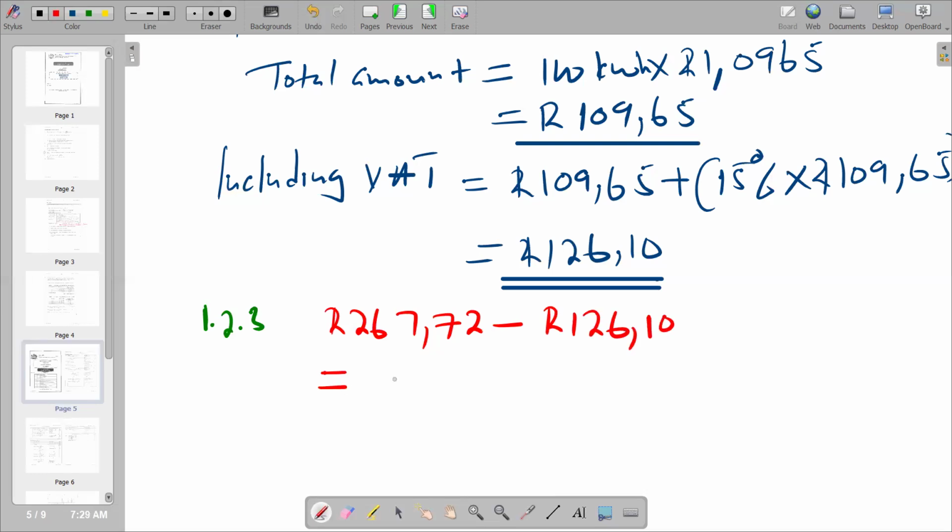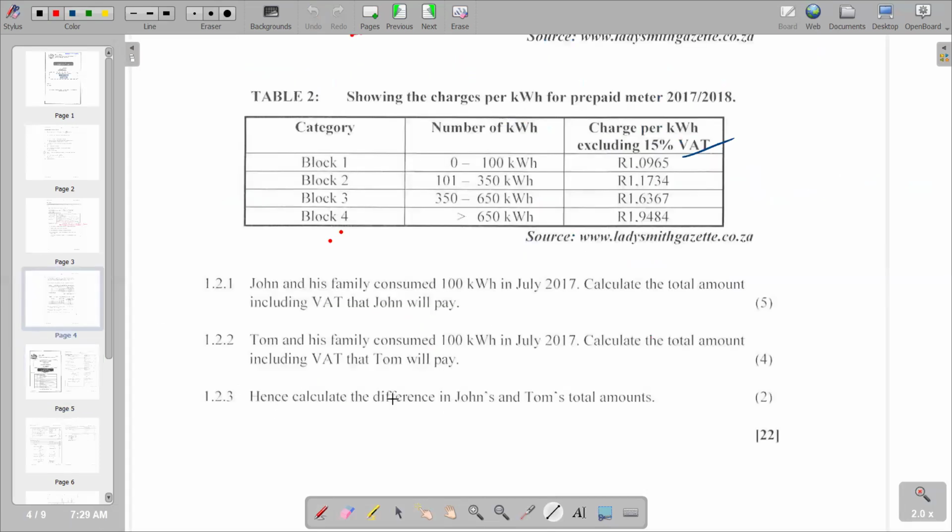So we calculate the difference. You see that the answer that we are supposed to get becomes 141 rand 62 cents. So this becomes the difference. And this becomes the last question that we have on question 1. So we can move on to the next part, which is now going to be question 2.